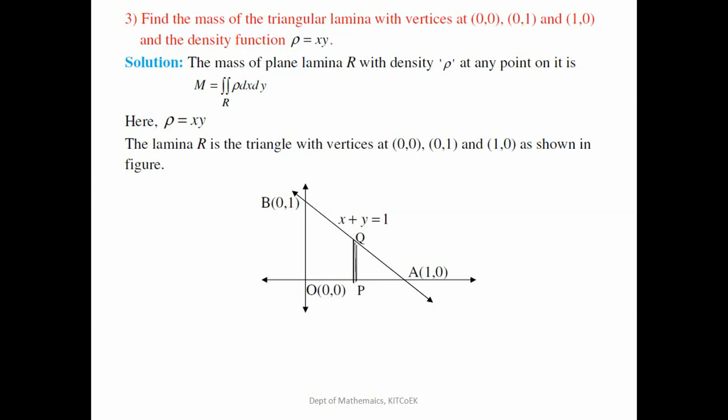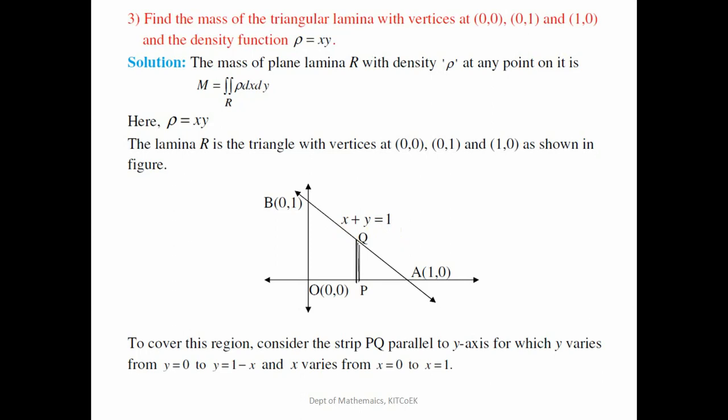So see here, on which curves the end points of that strip are lying. The lower end P lies on the x-axis, whose equation is y equal to 0. So the lower limit for y is 0. The upper end of the strip Q lies on the straight line x plus y equal to 1. Solving this equation for y, we get y equal to 1 minus x. So this is the upper limit for y.